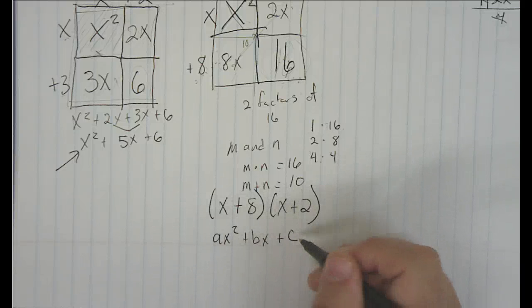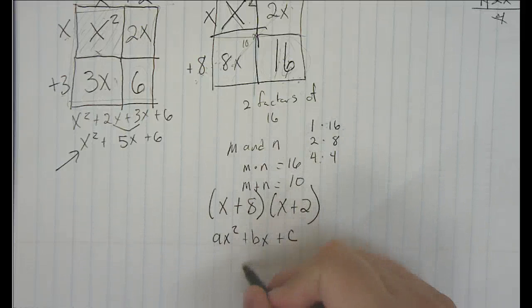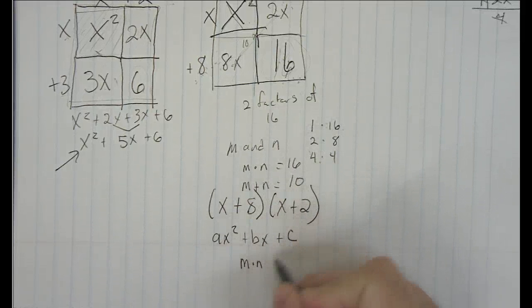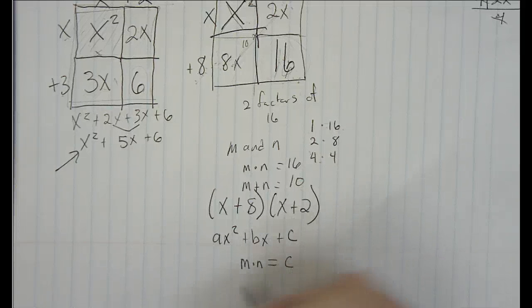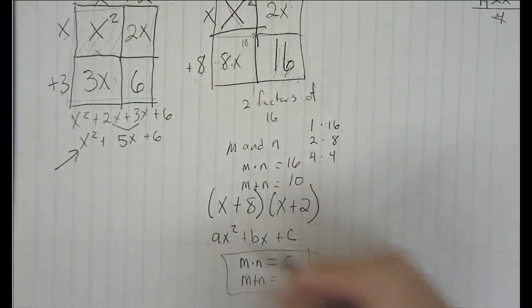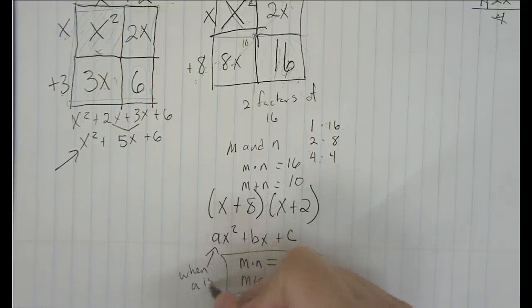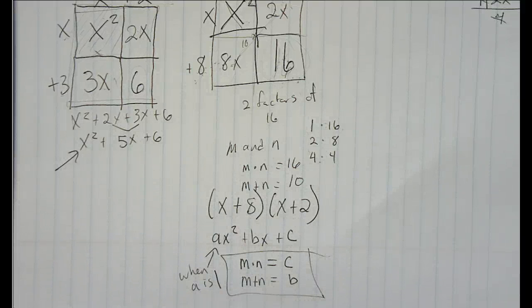I'll use m and n again. Where m times n must be equal to c, but m plus n must be equal to b. And this rule only works when a is 1.